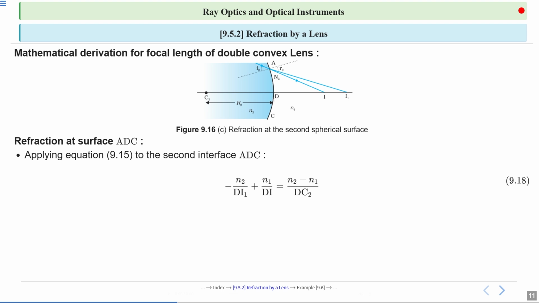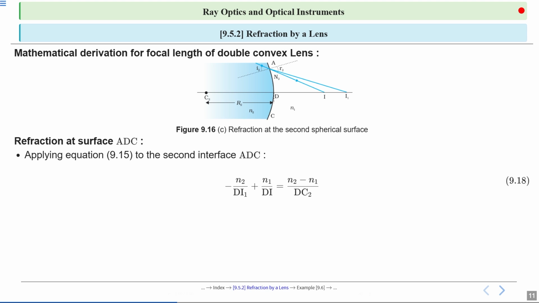So in which medium is the object placed? You might think it is placed in the rarer medium. No, it is a virtual object. It is never formed. It is only for derivation purposes. We say that it is formed at this I1. This is an intermediate step. If this ADC were not present, then it would form at I1.